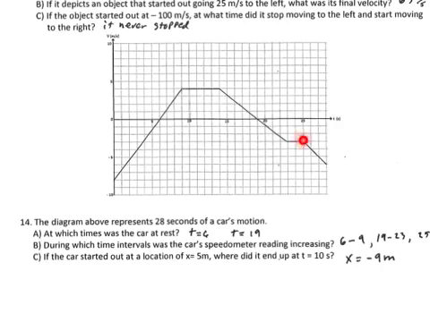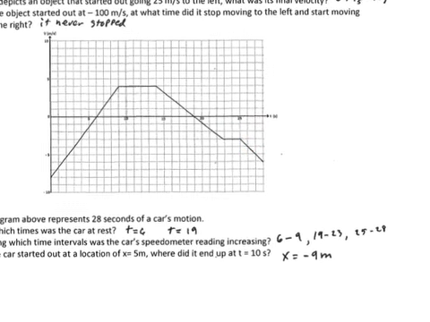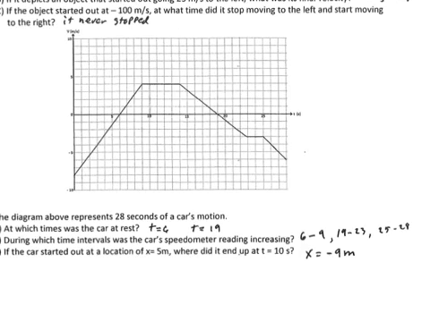Then I keep the same speed, and then again, I'm moving away from 0. My speedometer needle is moving away from 0, so I'm speeding up, and that gives me this one here between 25 and 28. I can see how you get tricked by that, but that's really what they want to see. Do you understand that this is 0 velocity, and if you move away from it in either direction, you're going faster?